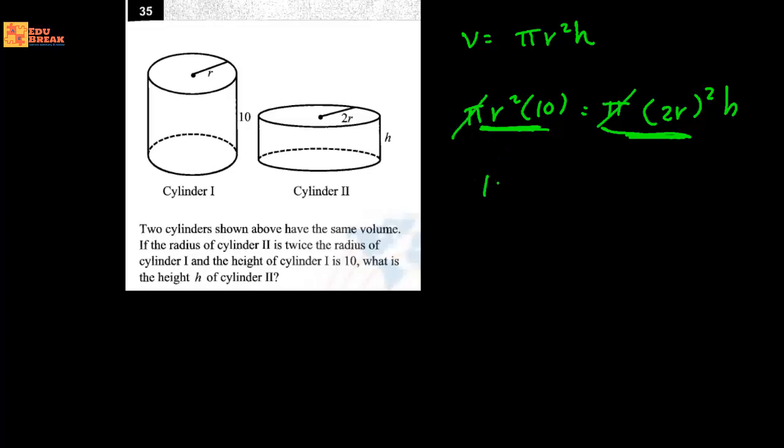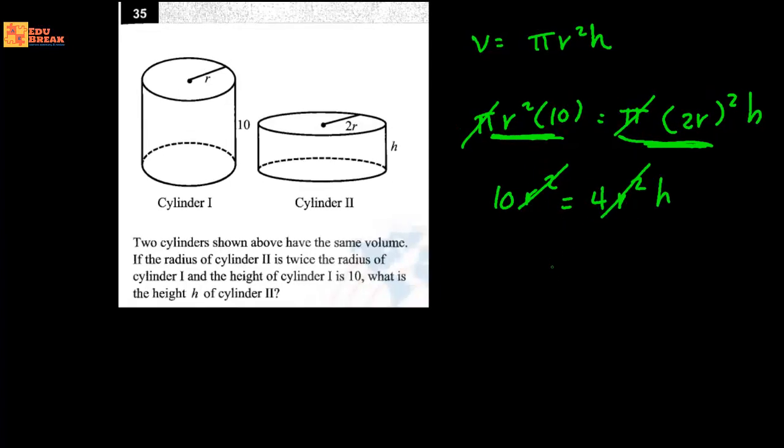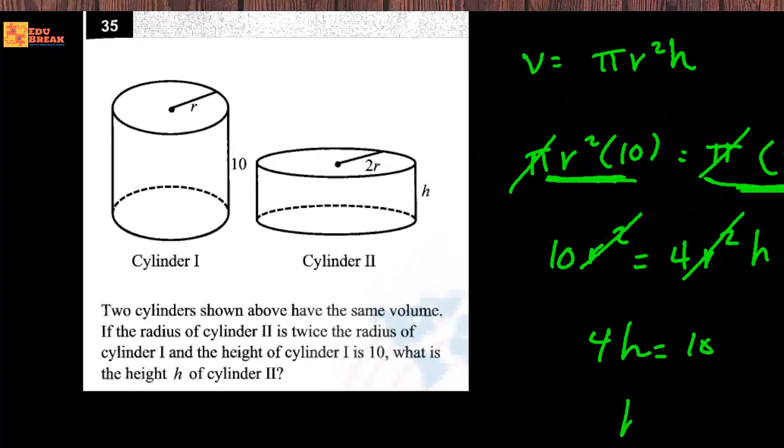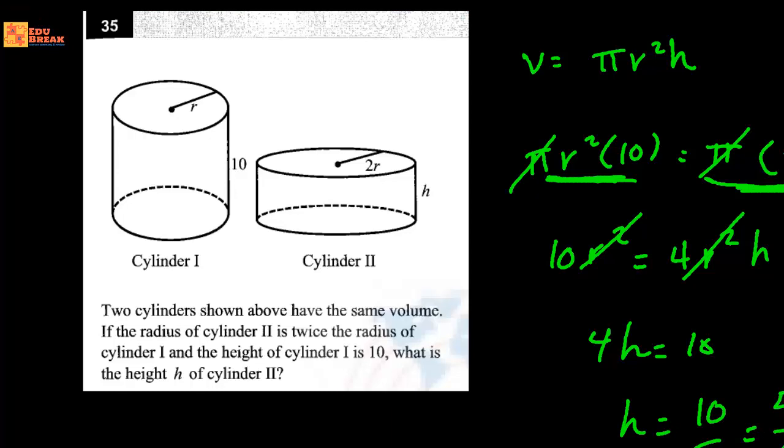So we have 10 r squared equals 4 r squared times h. Cancel r squared with r squared, so we have 4h equals 10. So h equals 10 over 4. Simplify, so it will be 5 over 2, which is 2.5.